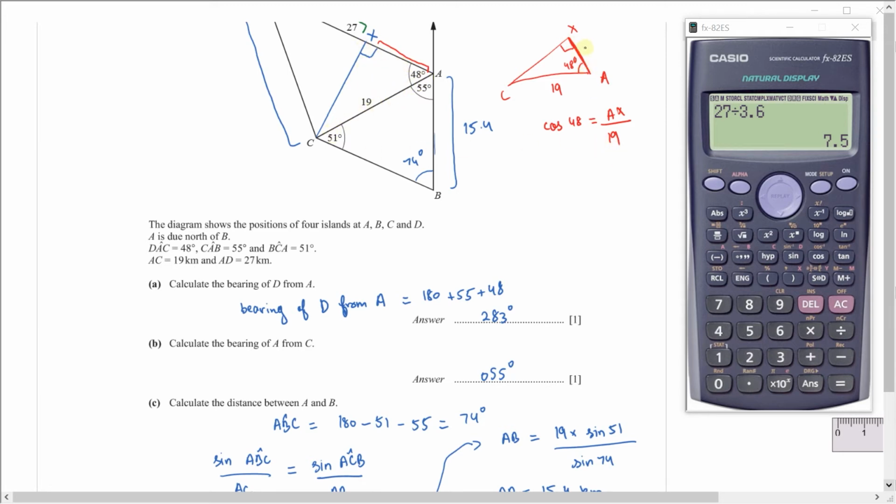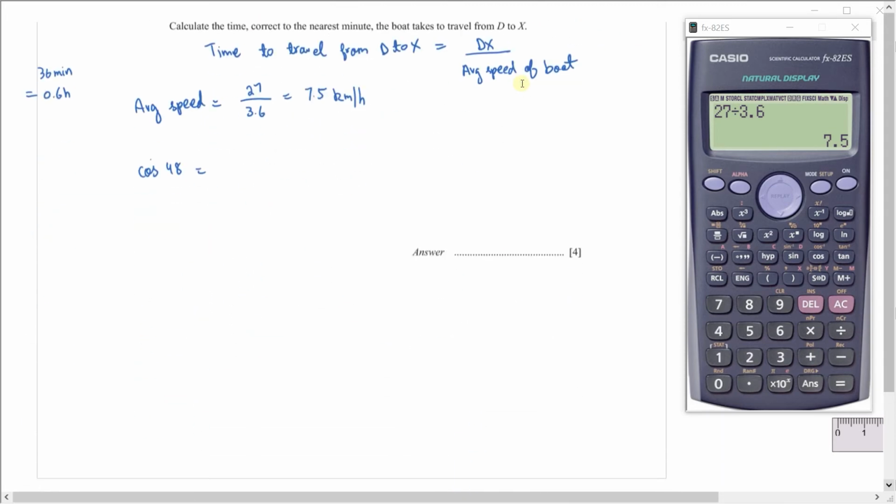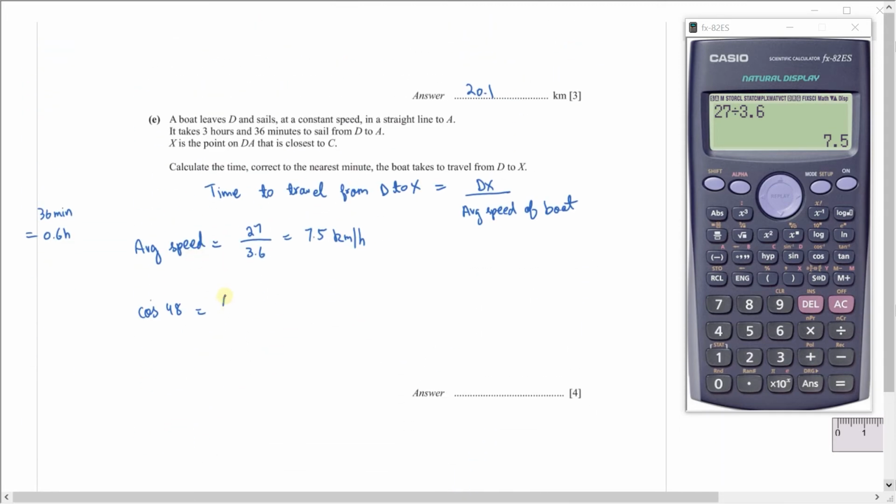AX is the base we need to calculate, and the hypotenuse is 19. So cos of 48 into 19. So AX is 12.7 kilometers.